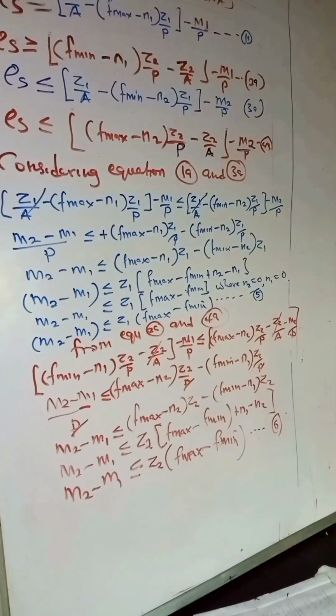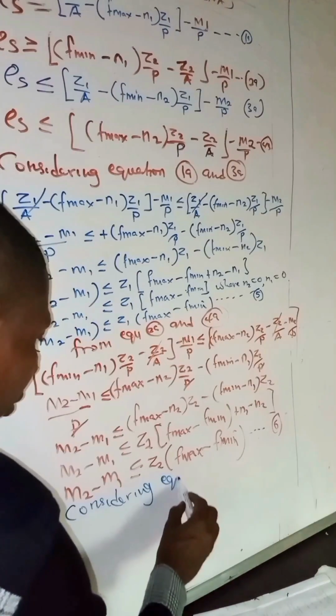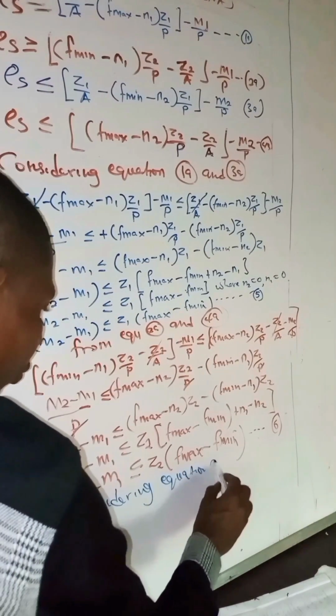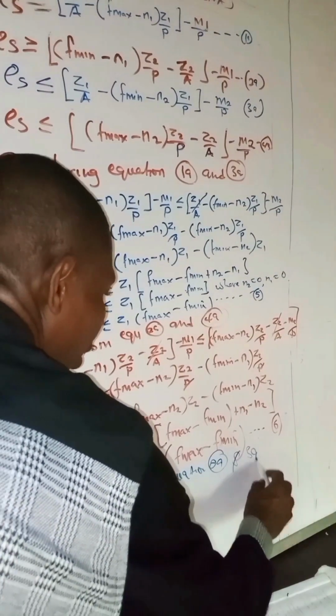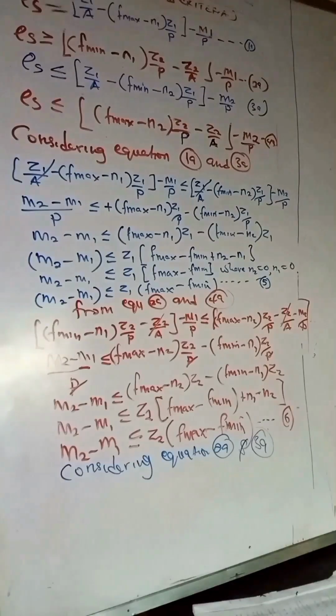All right, so let's do that. Let's consider equation 2 and 3. Equation 2a and 3a, the upper limit as equation 3.